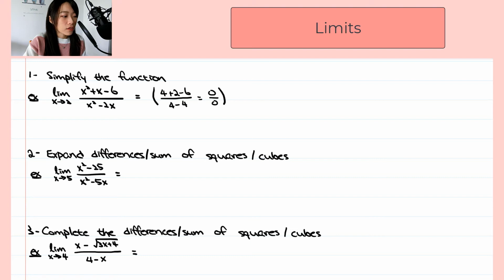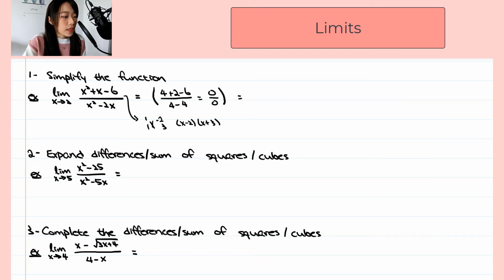Now we need to go back to the algebra. So in the numerator we have x squared plus x minus 6. It's a quadratic, so we can simplify that. 1 times 1 equals 1, and negative 2 times 3 equals negative 6. So the numerator, we can simplify this as x minus 2 times x plus 3.